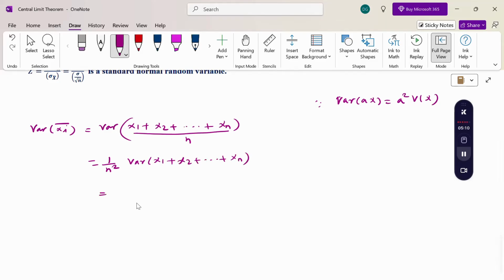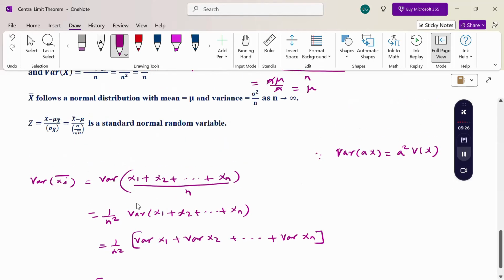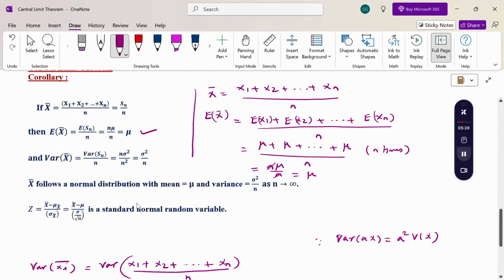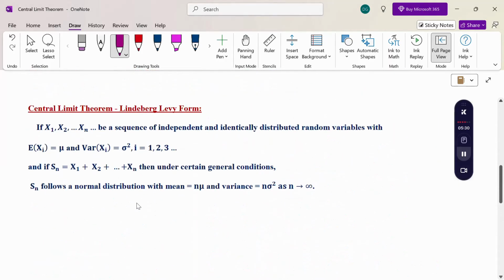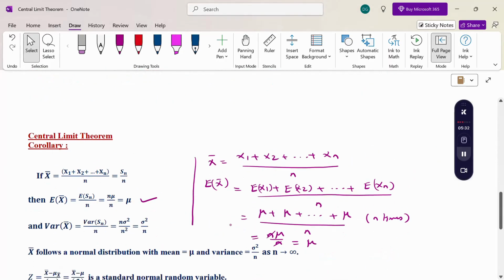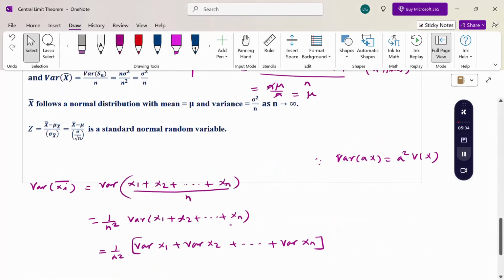Individually, 1 by n square times variance of X1 plus variance of X2 plus up to variance of Xn. For this term, because of the general condition, variance of X is sigma square.